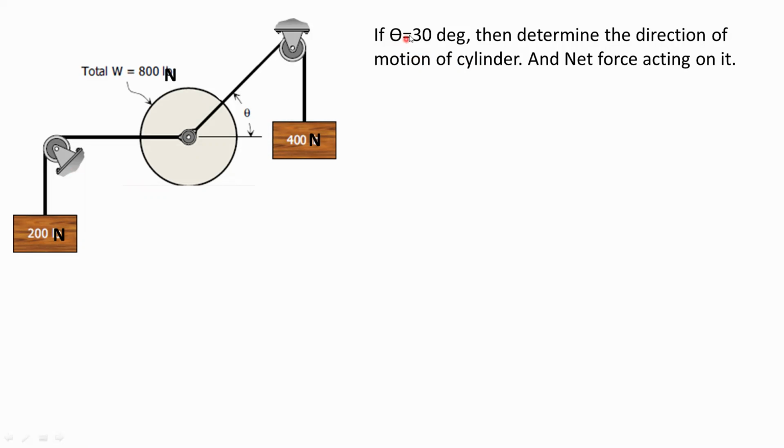So refer to the question. If theta is equal to 30 degrees, then determine the direction of the motion of the cylinder and the net force acting on the cylinder. So what is the meaning of direction of motion? First we have to find out the net force acting on it, that means the resultant force. Net force is nothing but the value of R acting on the system.